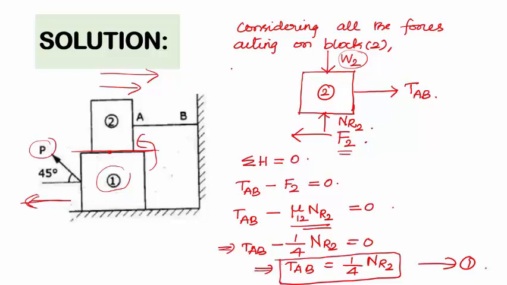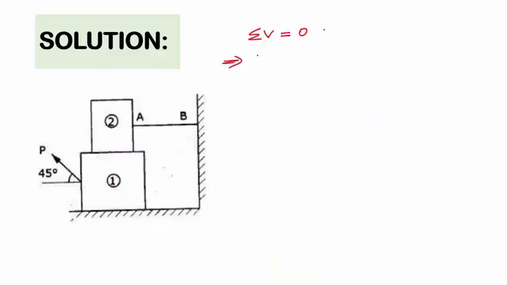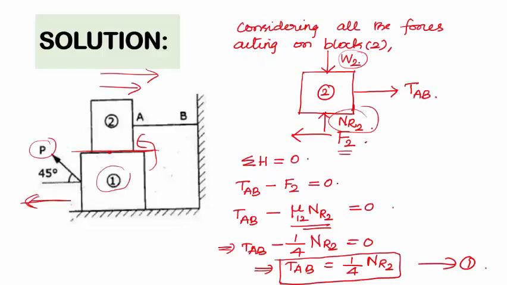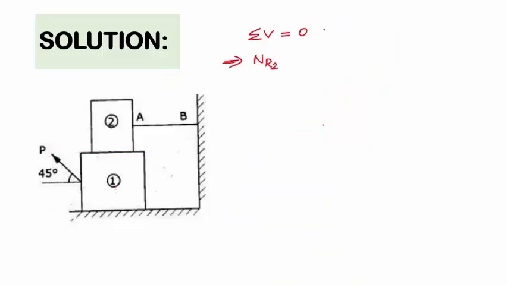Here the NR2 force component is acting along the positive y-axis, so plus NR2, and the weight of the second block, W2, is acting along the negative y-axis direction, so we consider that force component with a negative sign, is equal to 0. NR2 minus W2, that is the weight of the block. Here the mass of block 2 is given as 9 kg, so this is 9 into 9.81 Newton.